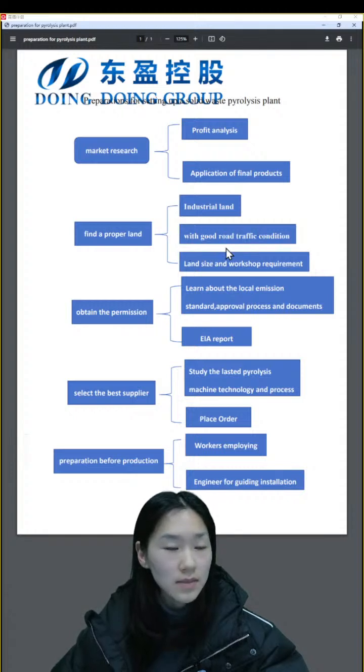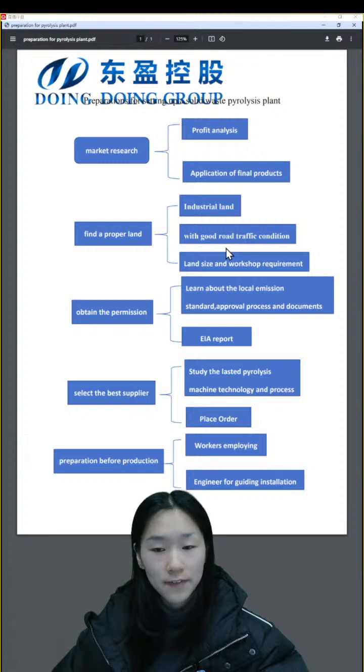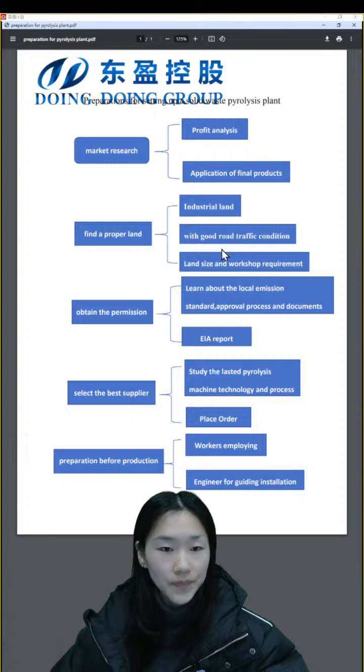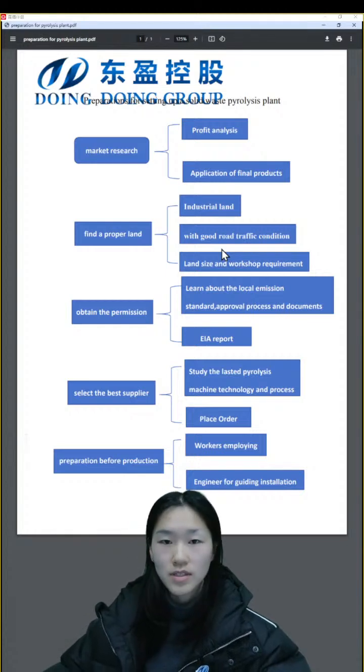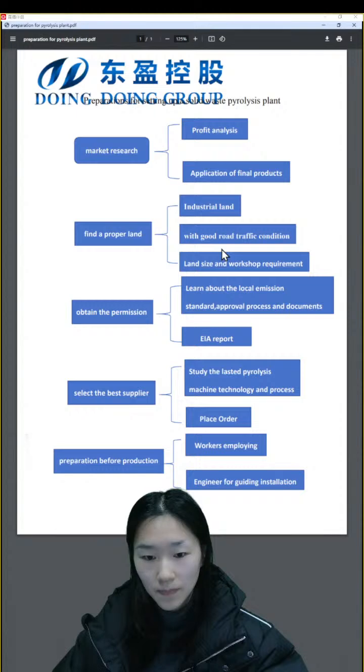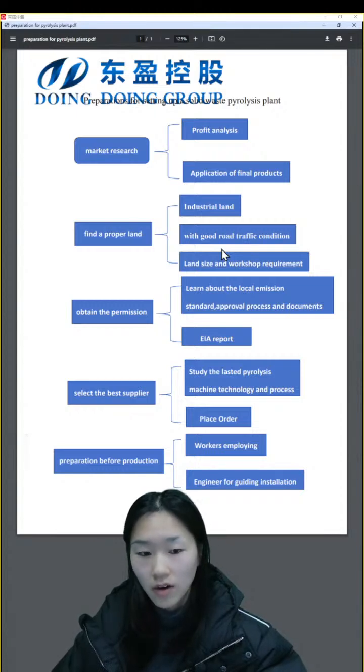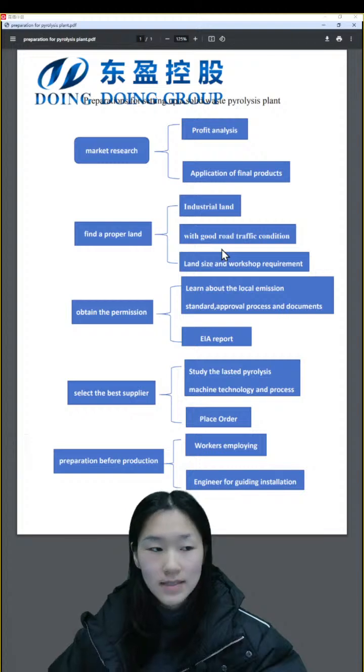And it's best to find a land with good road traffic conditions. You can make the car go into the factory to transport raw material and transport the carbon black and tire oil more easily.